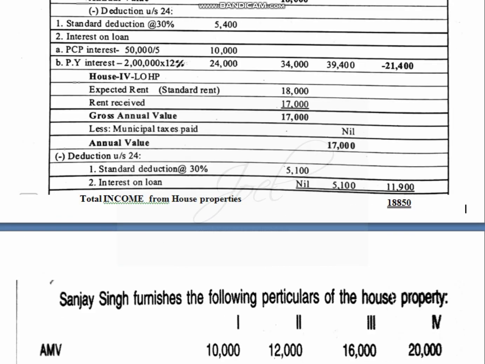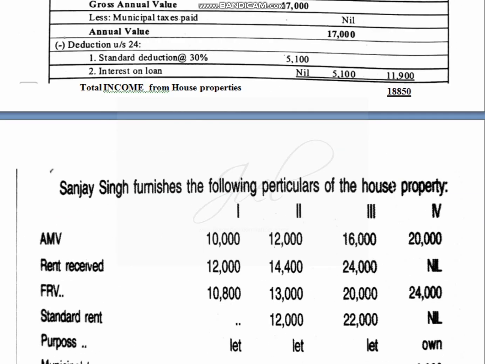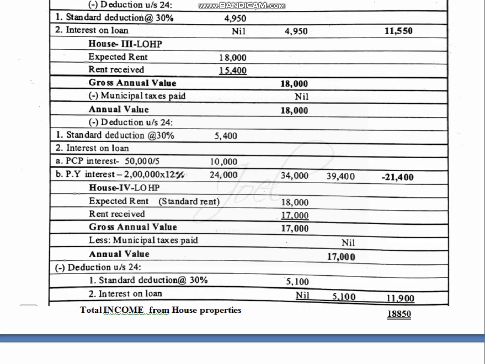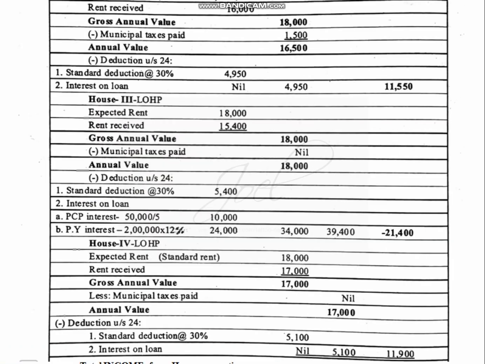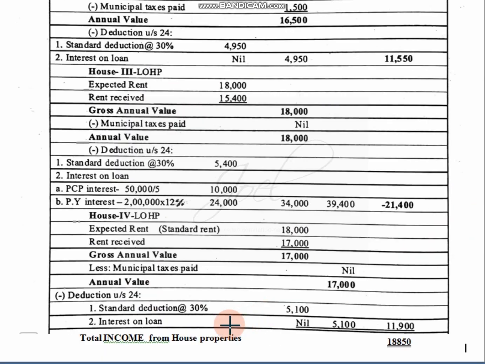Then the remaining solution. Third house, and fourth house. So all the information is available.